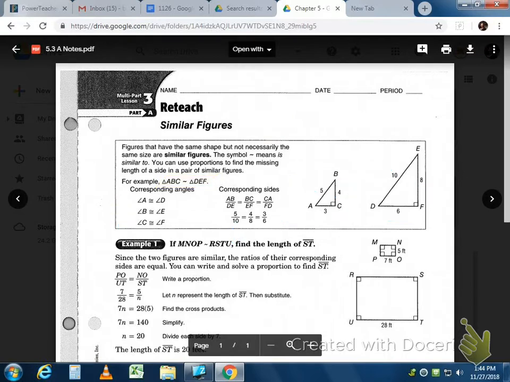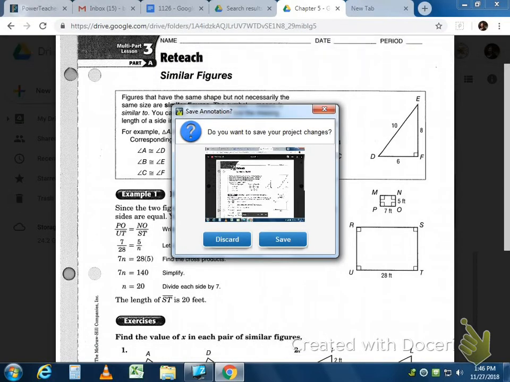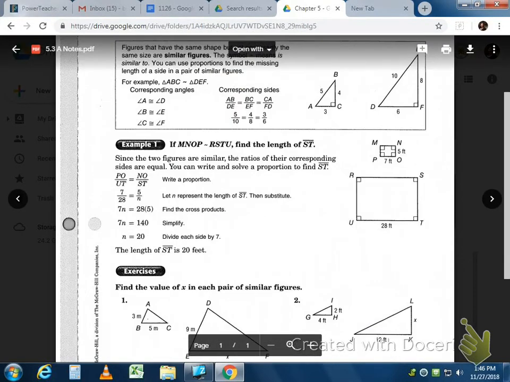Now, here's what's going to happen. They're going to give you two shapes and some measurements on the two shapes. Let's look at these two rectangles. It says right here that MNOP is similar to RSTU. It's got a 7 that matches a 28. Then there's a 5. What does the 5 match on the bigger rectangle?